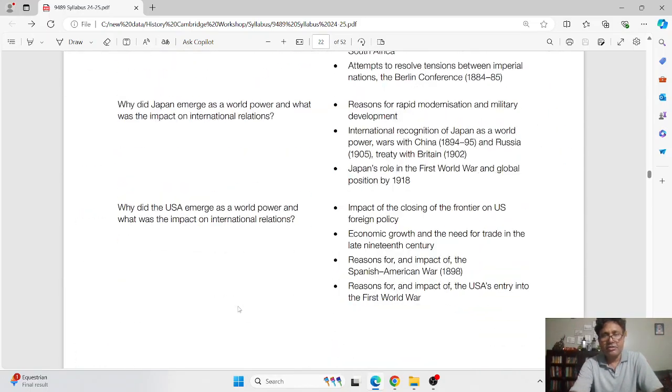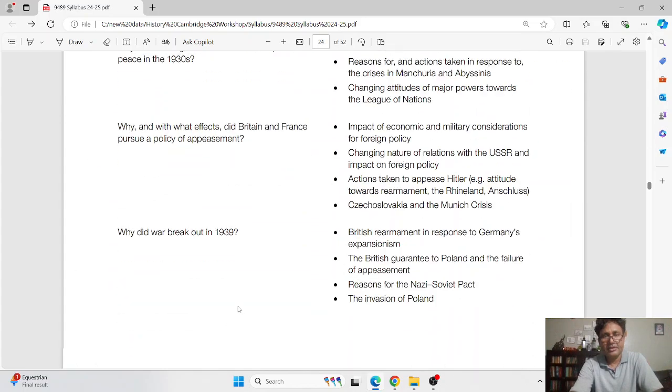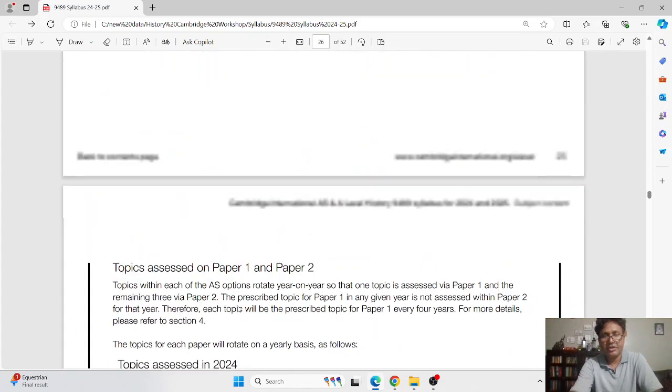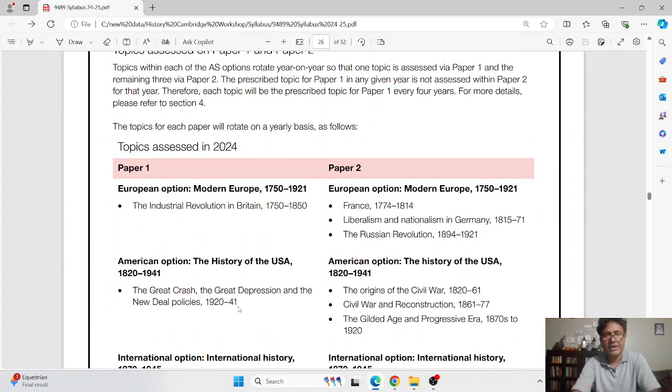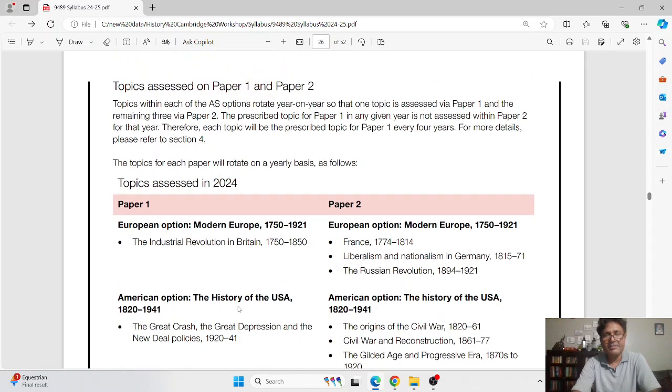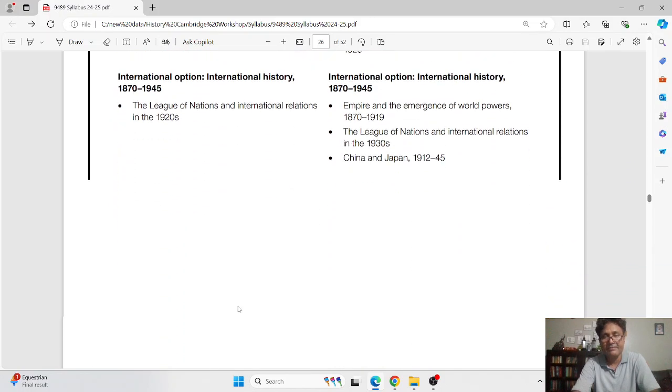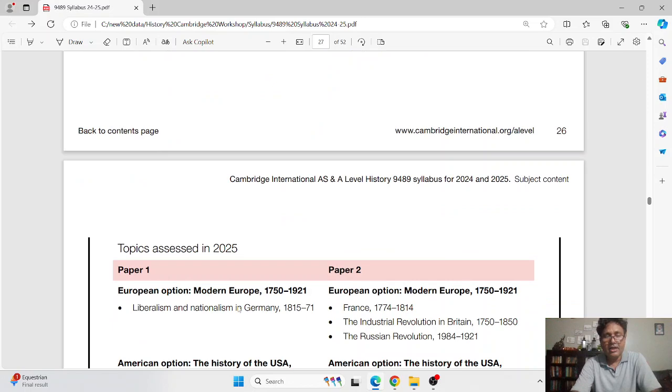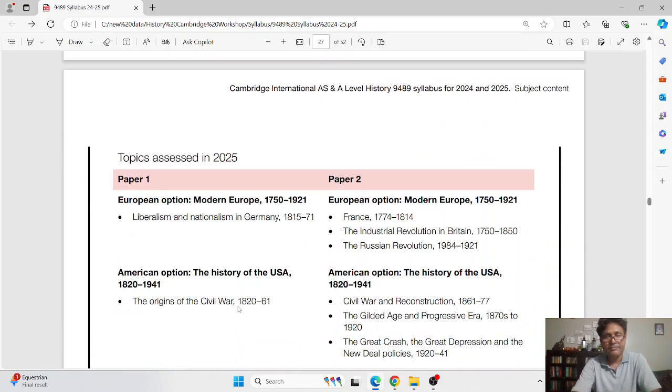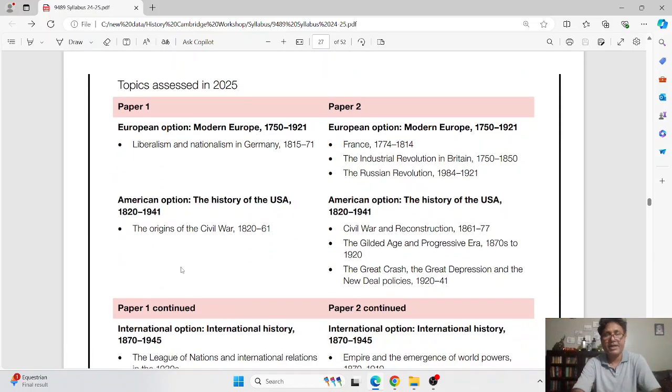All right, now we can discuss the prescribed syllabus for 2024 and 2025. I think we can focus on 2025. For the syllabus of 2025, for paper 1, we can start from the European option.